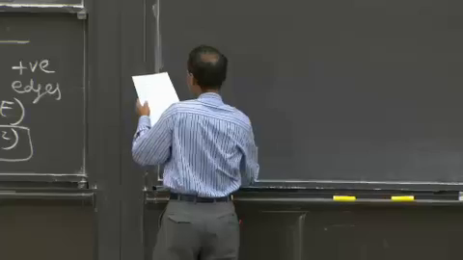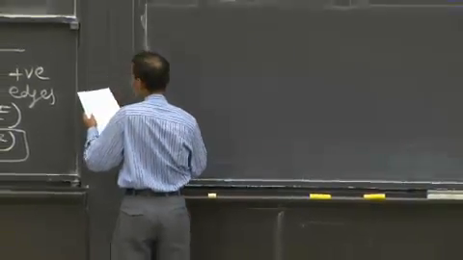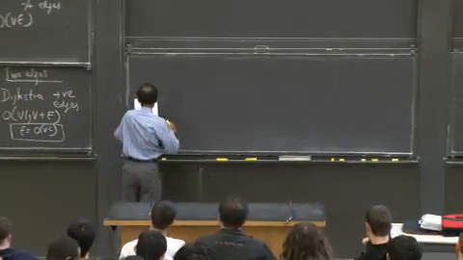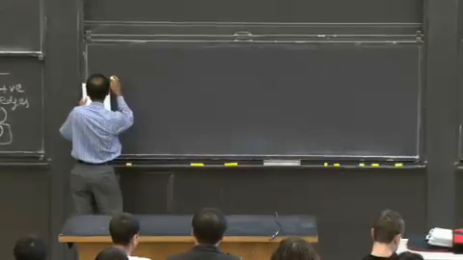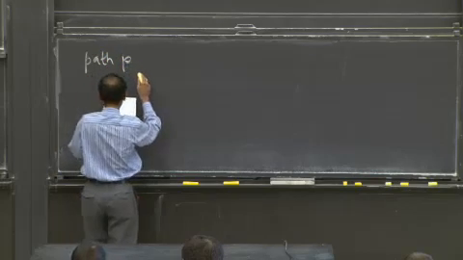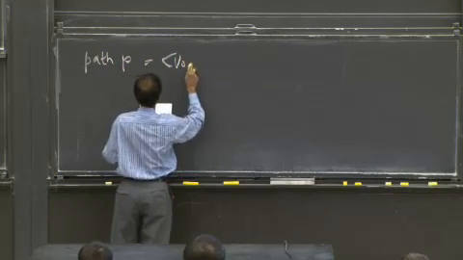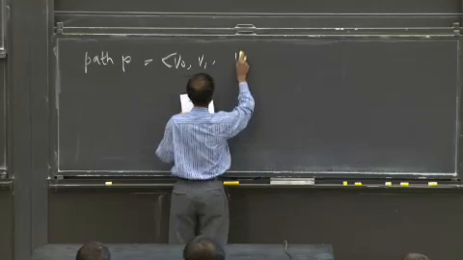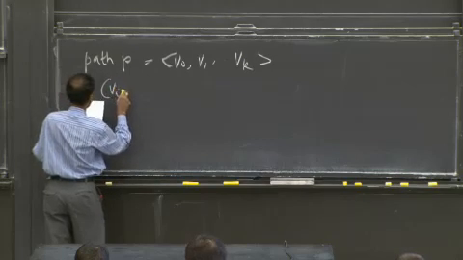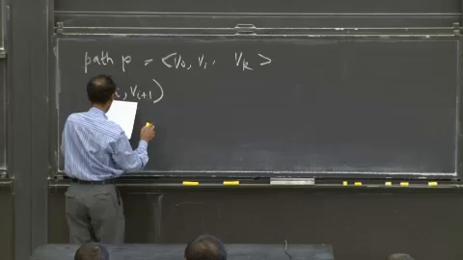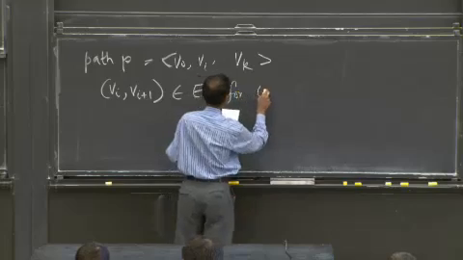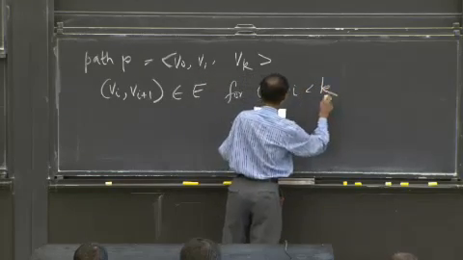That's what we're going to be looking at. Let's look at a couple more definitions beyond what I have here with respect to the notation. You can think of a path P as a sequence of vertices V0, V1, etc., to Vk. And this is a path if (Vi, Vi+1) belongs to E for 0 ≤ i < k.